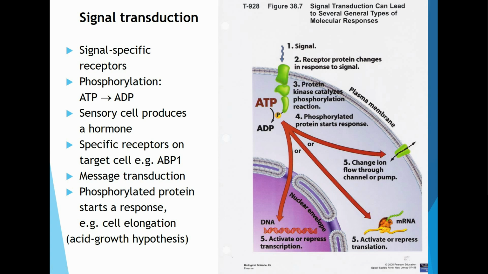So here is a nice picture of signal transduction. Remember that this process can lead to one stimulus leading to multiple responses, and one hormone can also have multiple jobs. So just bear that in mind.